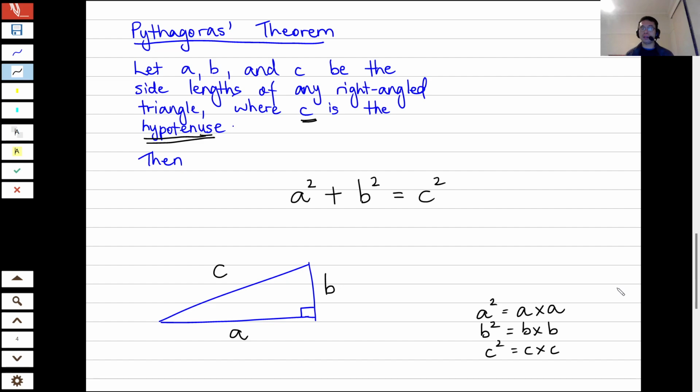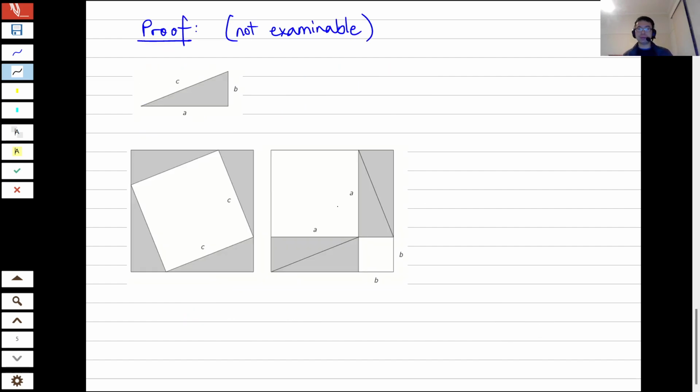Okay, so here's a proof. It's optional, but I think it's nice for you to see it. Here's the idea. Here's a triangle with side lengths labeled A, B, and C. I haven't labeled the right angle, but it's there. And what I've done is I have made 4 copies of it. So here's 1, 2, 3, 4 copies of the same triangle.